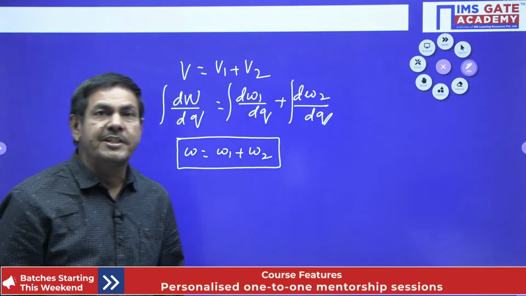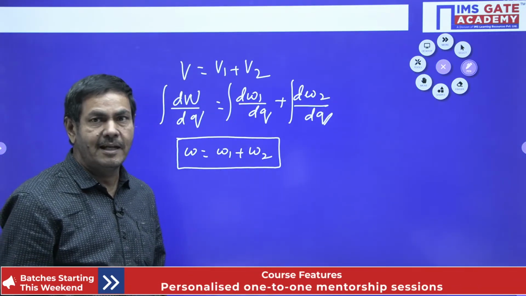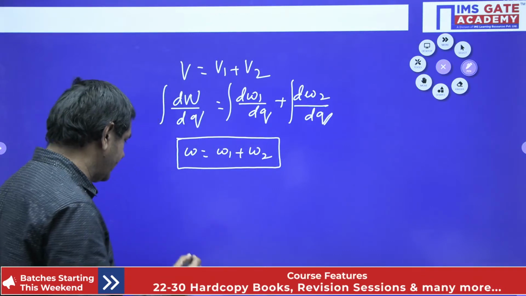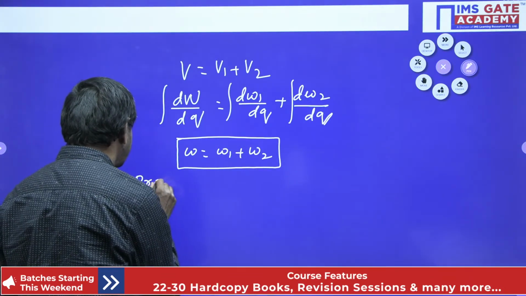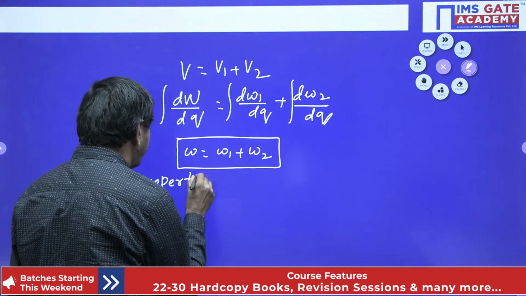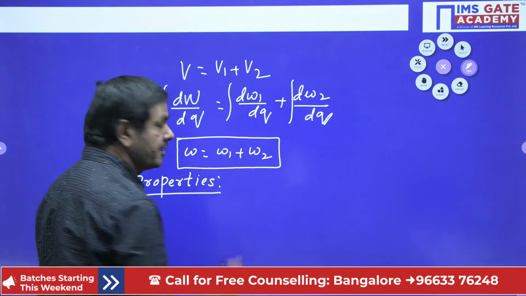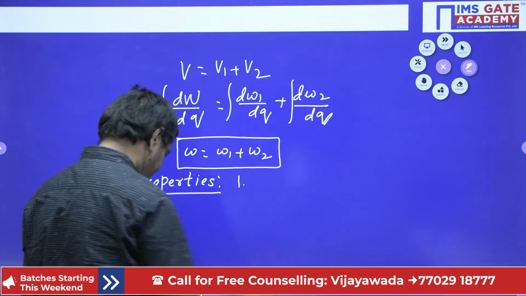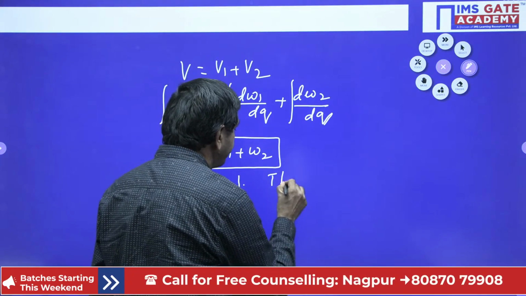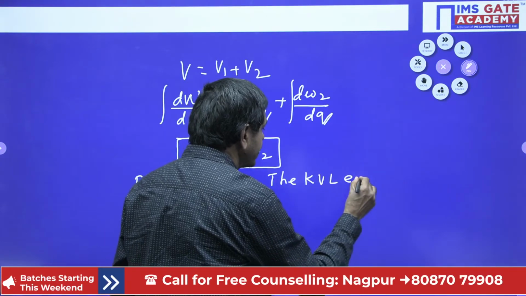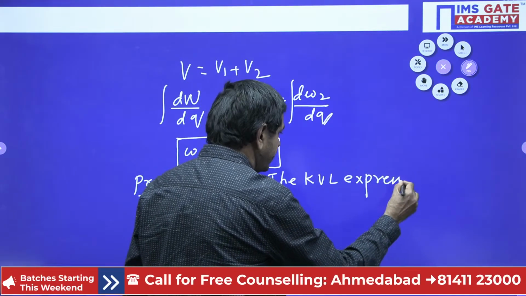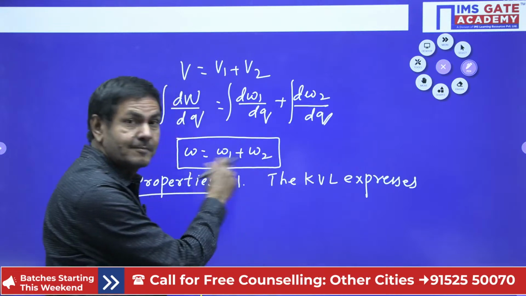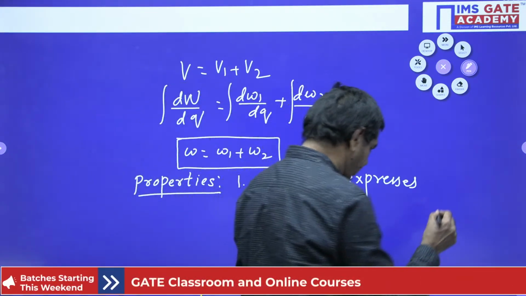But what are the properties we need to know in KVL? I will give the properties because while doing problems, these will be useful. The first property: the KVL expresses conservation of energy.